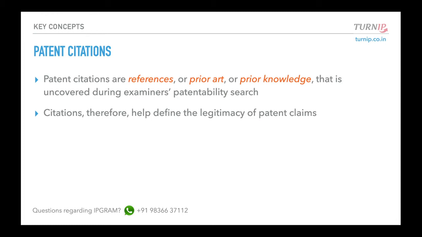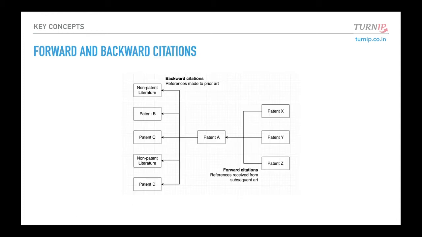I'll give you an example of Apple's smartwatch, where citations were an early indicator of the fact that they were about to launch a smartwatch, even when the rumors had started to come. If you see this picture, it summarizes citations in a very simple way. You can see patent A, which is the frame of reference, it is making citations to past patents.